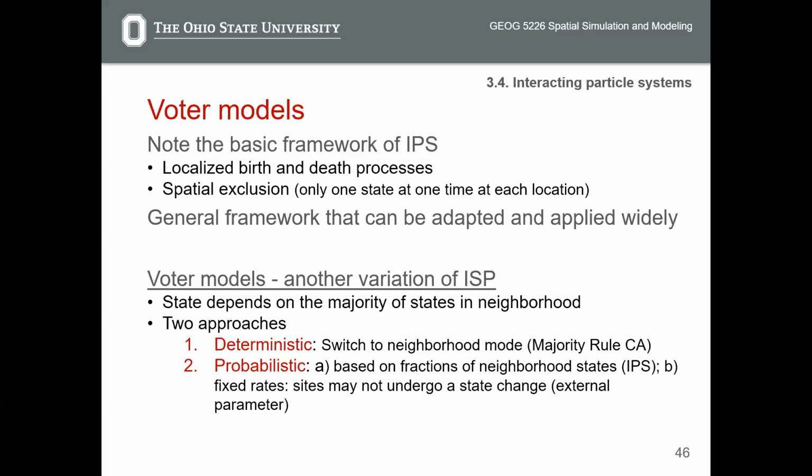Instead of using the proportion of living neighbors to decide a beta value, we can simply say, okay, 50%. With a probability of 50%, a dead cell is going to be alive after the next tick. And this 50% has nothing to do with the neighborhood, right? That's a fixed rate, okay?